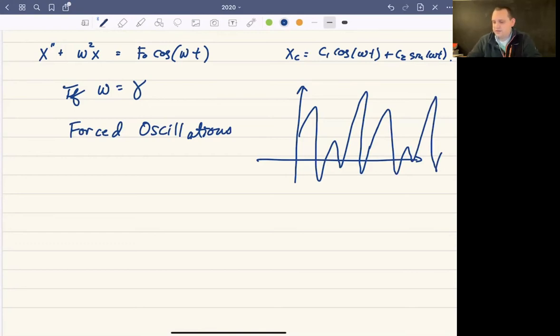But if there is an external force and the force is some sort of cosine term, where this omega naught here is the same as this omega here, then you're going to get what's called a positive feedback loop.